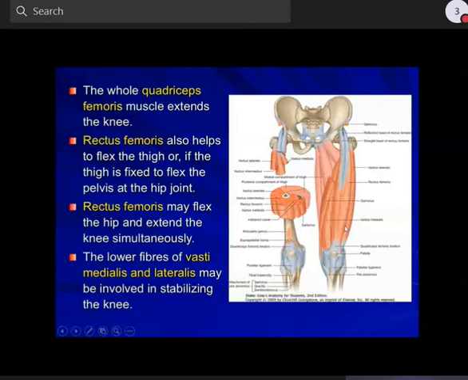Four heads of the quadriceps femoris form a common tendon that extends the knee. So the quadriceps femoris is the only extensor of the knee joint. The sartorius flexes both the hip and the knee joint.